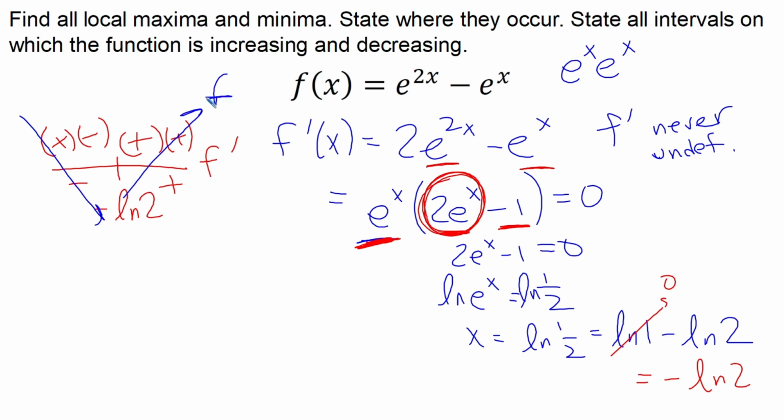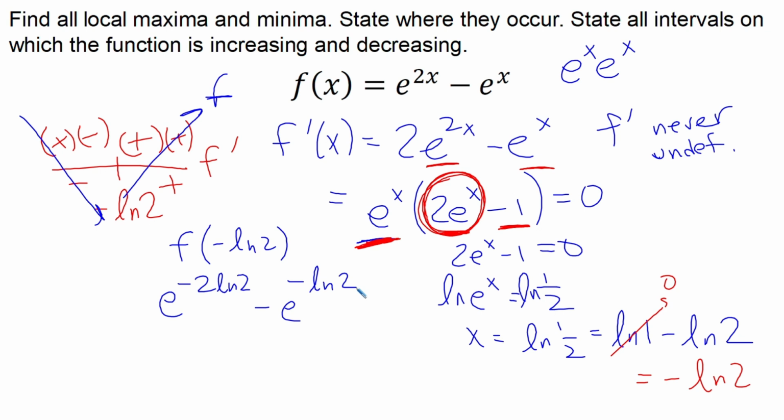That's what f is doing. And so we just need to evaluate what is f of the natural log of 1/2, or f of negative ln 2, which is just going to be e to the negative 2 ln 2 minus e to the negative ln of 2. And if we try to evaluate that out, we can remember that this negative 2 and this negative 1 are like exponents.